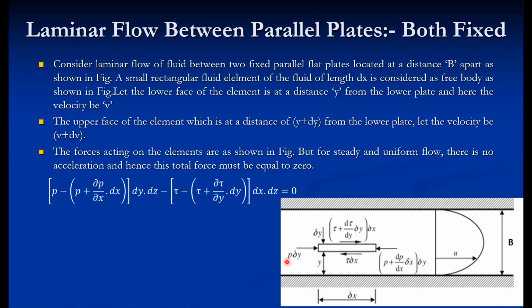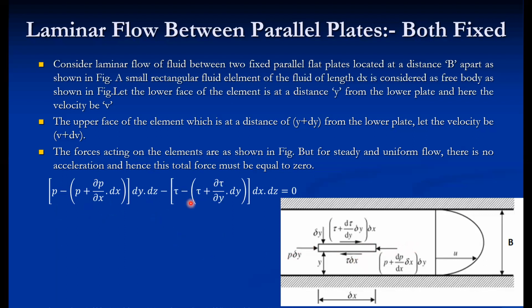As per our sign convention, forces towards the right are positive and towards the left are negative. So the force on the left face is P into dy dz, positive, minus P plus ∂P/∂x into dx, into dy dz. That force acts in the opposite direction, so its sign is negative.